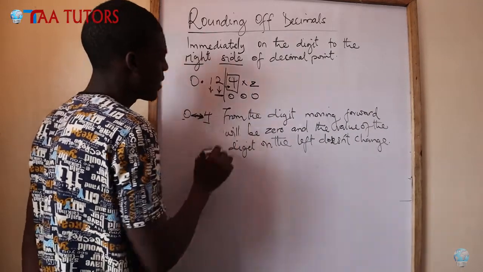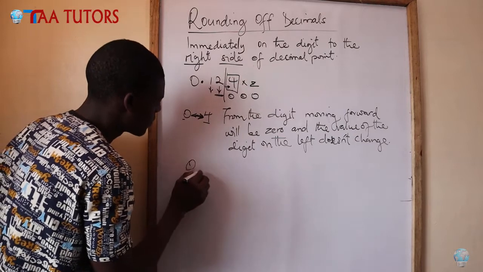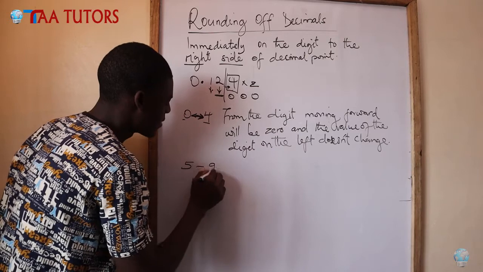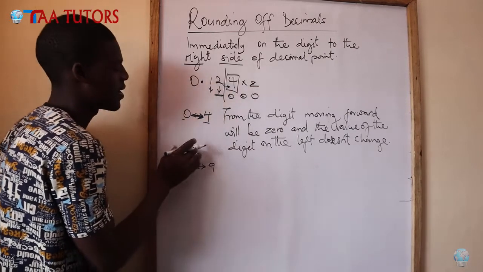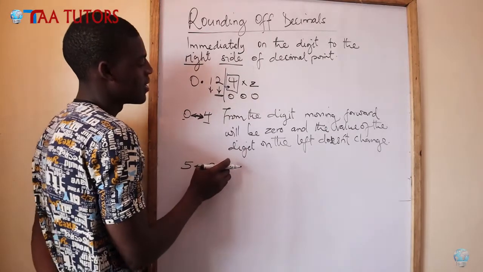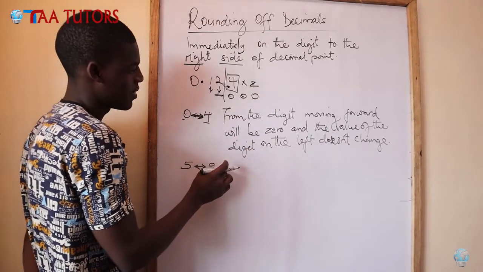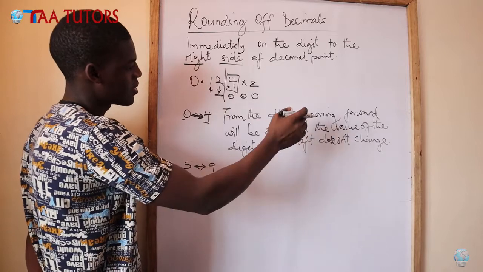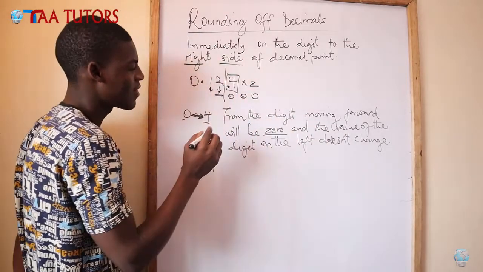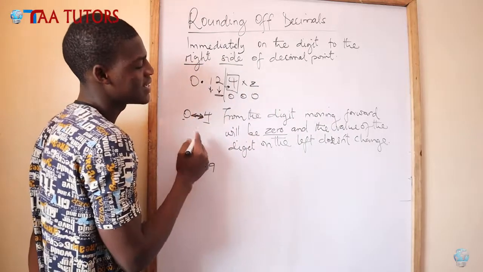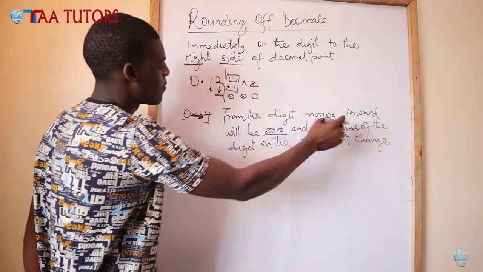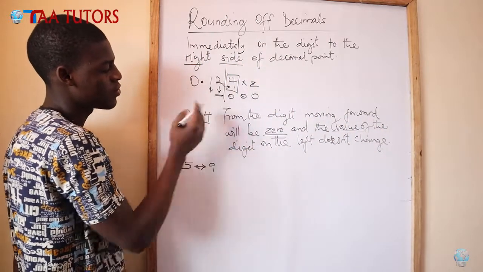When the value is between 5 and 9, the values to the right of the decimal point will still be 0, but then the previous digit will change value.